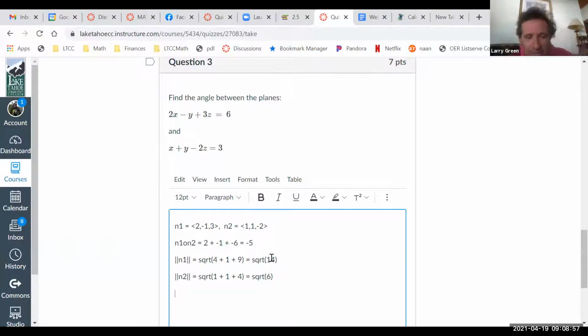So then finally, we can say that our angle is going to be the arc cosine of the dot product, which is -5, over square root. And remember, the product of two square roots is the square root of the product. And 6 times 14 is 84.